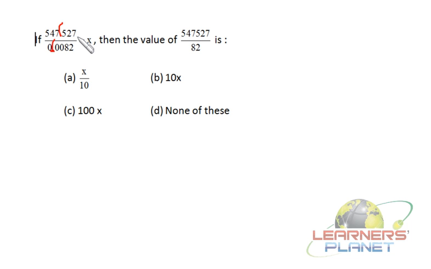Suppose I remove the decimal from both the numbers, then I'll be getting 10 over here. Now this 10 will be divided this side if I remove the decimal. Okay, so it's 547527 divided by 82 will be x by 10, which is asked. Okay, so it's very simple.